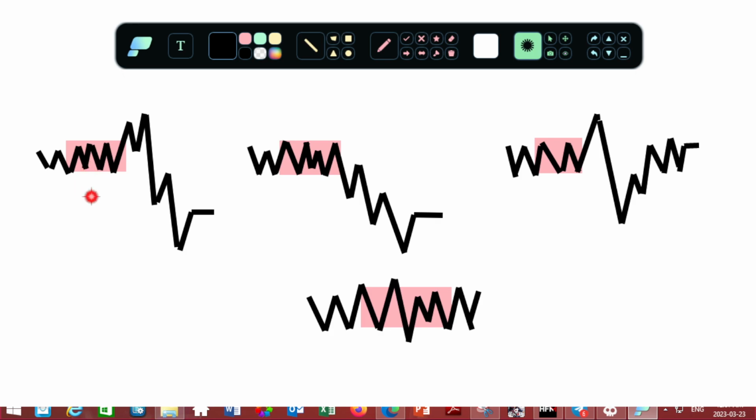I have a few profiles which I've drawn here. You can see that in this profile, price traded first above the Asian range. It usually trades above the Asian range 25 to 30 pips again.